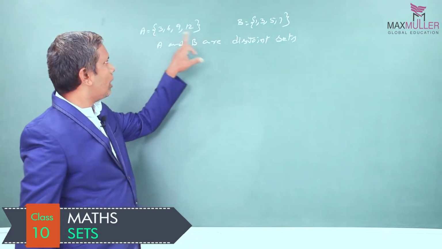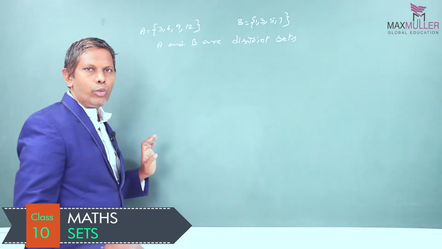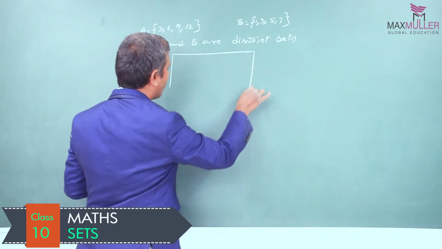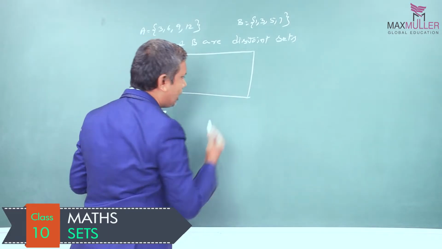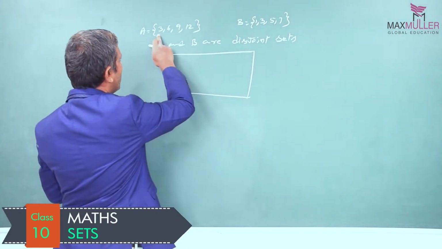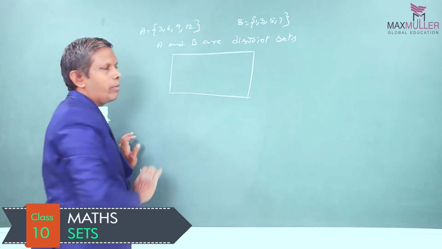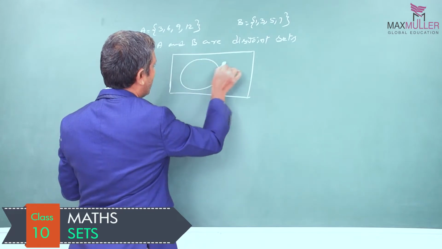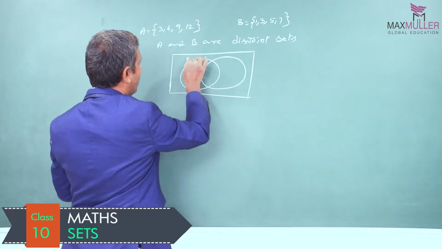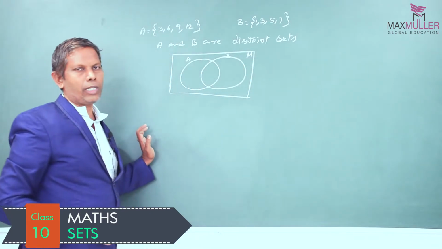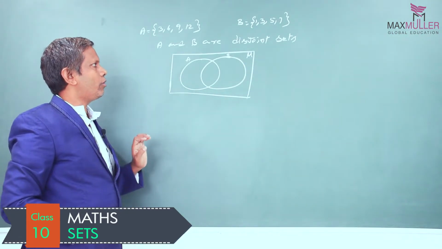So A and B are disjoint sets. I can use the Venn diagram for this one, and in the Venn diagram you can very easily identify whether they are disjoint or not. Is there any element common in these two sets? 3 is there. So draw sets A and B within the universal set.